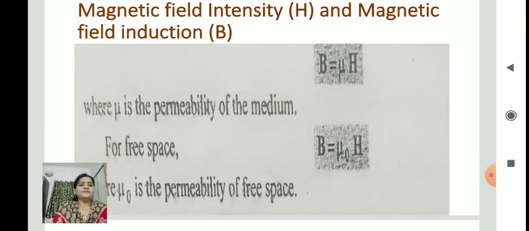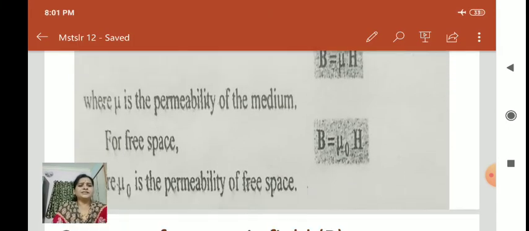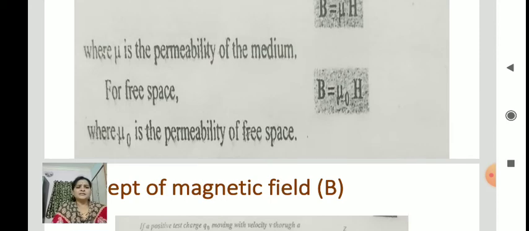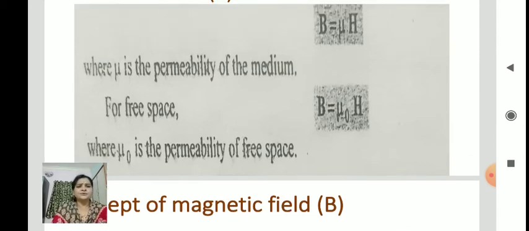The relation between B and H is B equals mu H, where mu is the permeability of the medium. For free space, the magnetic field induction B is equal to mu naught times the magnetic field intensity H, where mu naught is the permeability of free space.